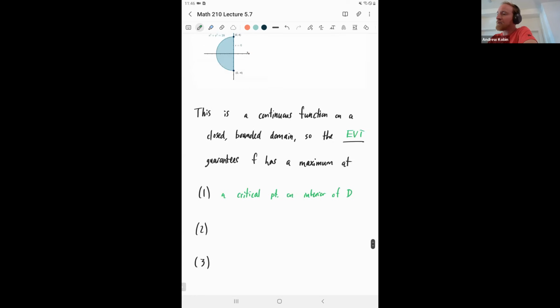So let's break the boundary up into 2 sets. The easy part is the strip, the part of the y-axis that's pictured there, which is all x and y coordinates so that x equals 0 and y is between -4 and 4.